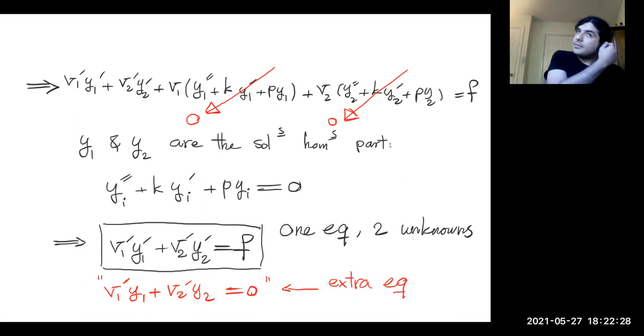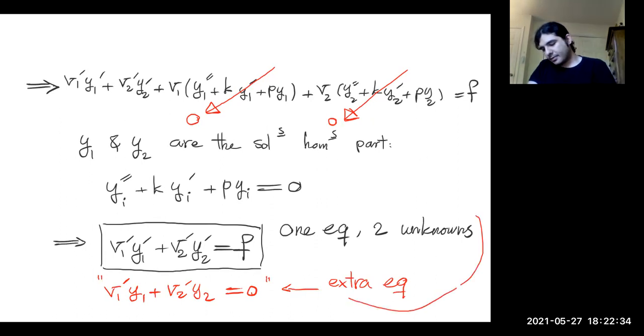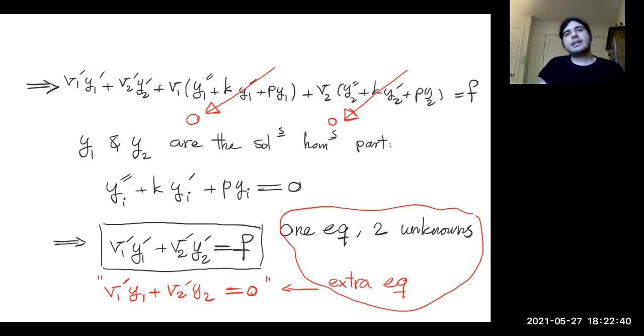If we simply add this extra requirement, we would get two equations and two unknowns, and we can hope we would be able to solve this thing. There is a reason that adding this equation makes sense. So let's see why it makes sense.